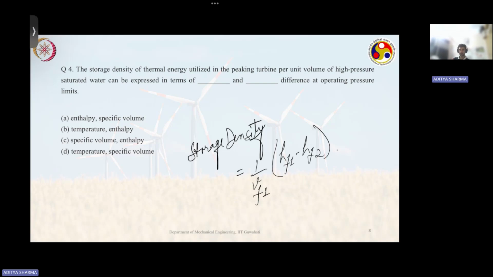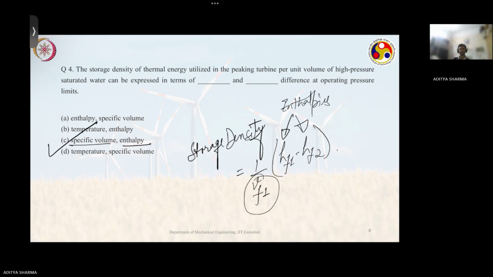Now, if we see our options, this basically is your specific volume, and these are two enthalpies. So if you see your third option, that basically is the correct answer to this question.